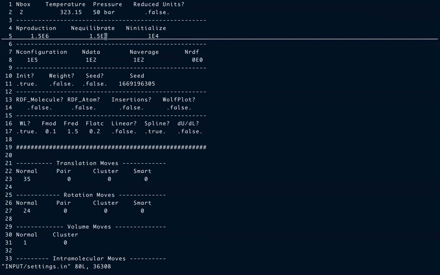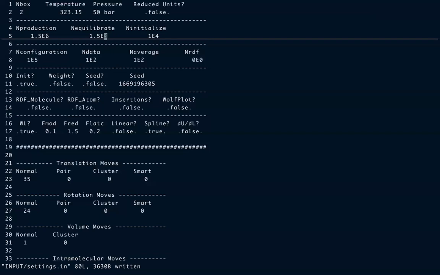Now, this value can be changed. You can make it as large as you wish. But the issue is then that your simulations become extremely slow. So a good idea is to always start with a low number and check if the weight function in your simulations has sufficiently converged.